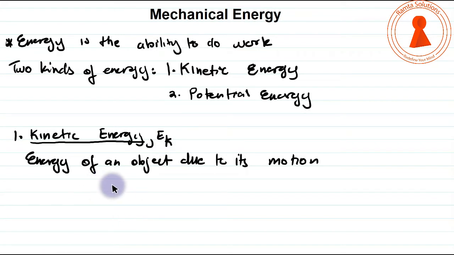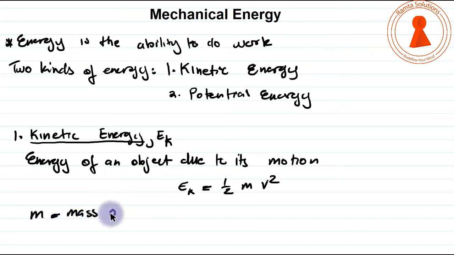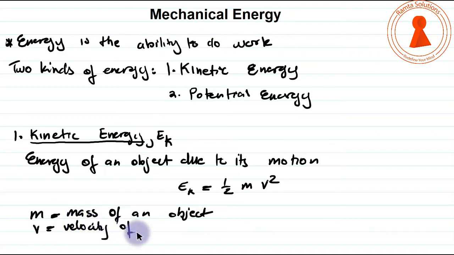So its formula is EK equals half mv squared, where m is the mass of an object and v is the velocity or speed of an object.